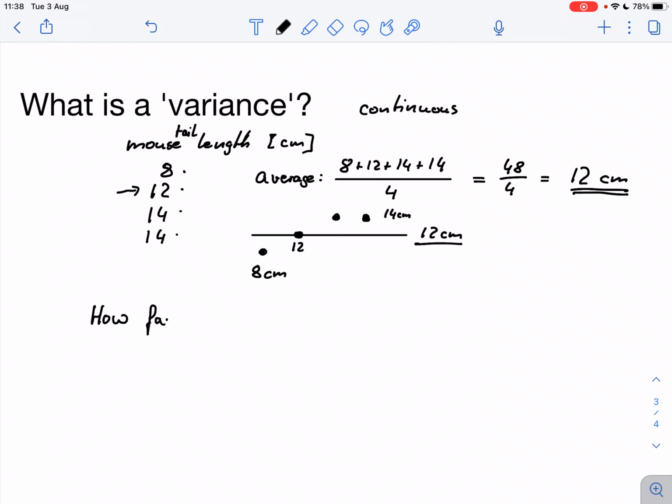How far away from the average are the data points away?